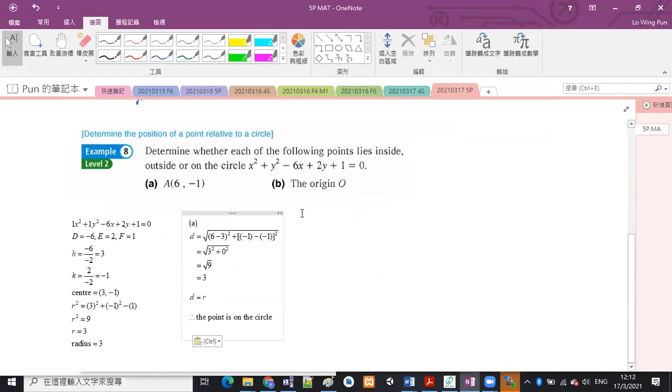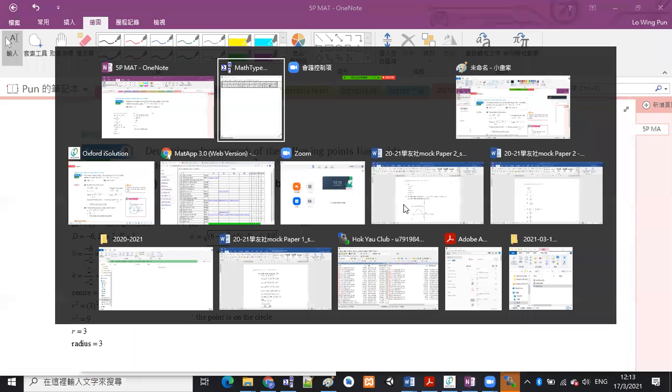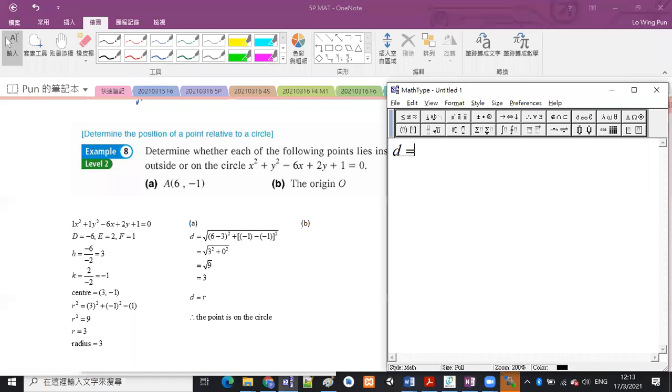Is that okay? And then for part B, we want to find whether the origin O is outside the circle, on the circle, or inside the circle. Okay, and then we calculate the value of d first. This time, d is equal to the distance between point O and the center.